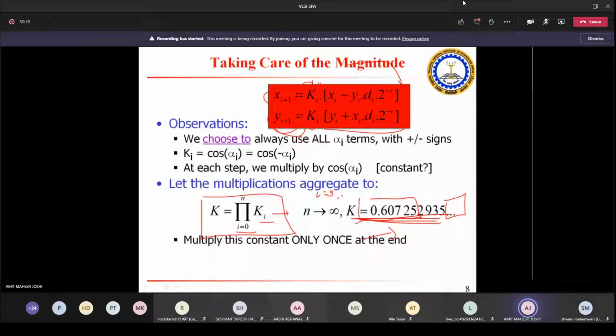Okay. Otherwise, you can simply design one multiplier, and through the multiplier you can get exactly x i plus 1. Okay. But when I say that this could be done with a simple shift and add, at that time I am considering that this k i term is being neglected, and this k i multiplication I am doing offline. ठीक है, offline I am doing this.